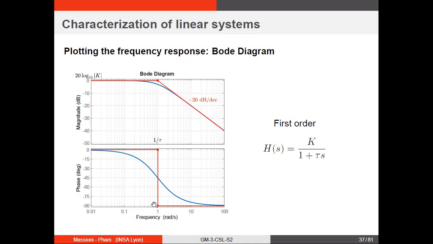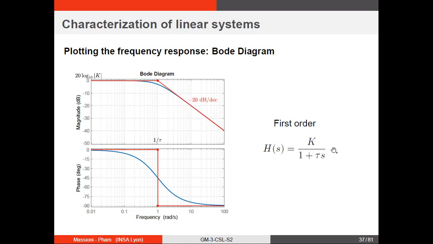So this one, for example, is a decade. Okay, this one is a decade. So the asymptotic diagram slopes down, after 1 over tau, of 20 decibel for each decade, as you can see here. For example, here we are at 0. One decade is this amount, and in this decade it went down of 20.